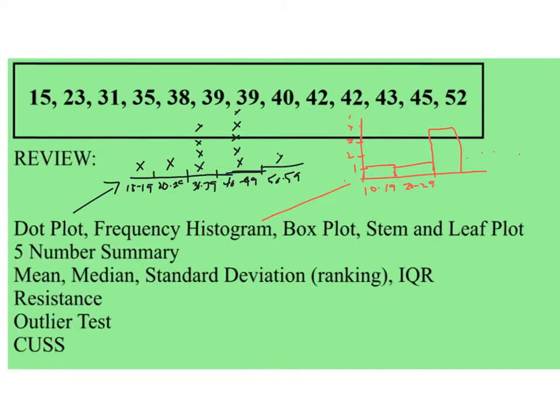Okay? A box plot, if you remember, and we've been working with box plots pretty recently. It looks like this, where this end is the minimum and this end is the maximum. In the middle, you've got the median, and then Q1 and Q3 make the edges of the box.